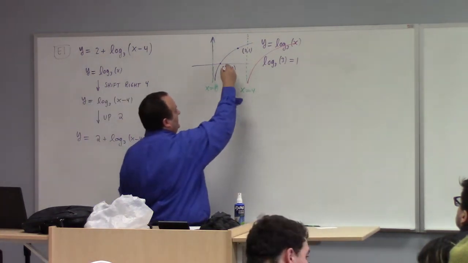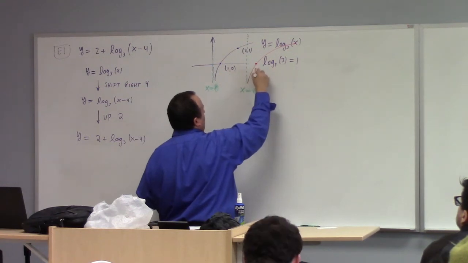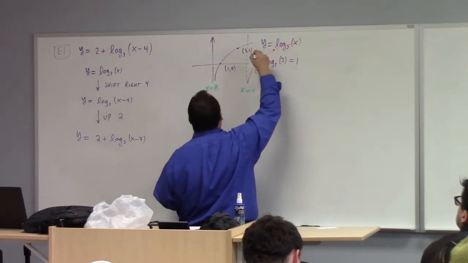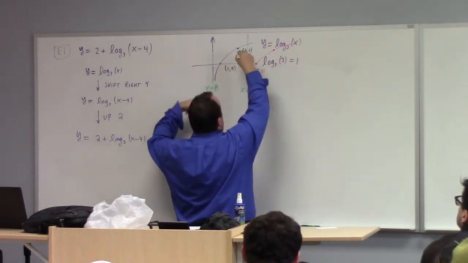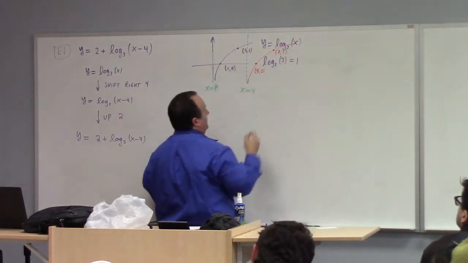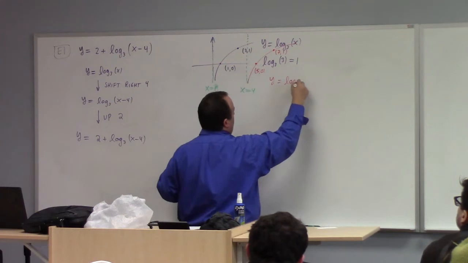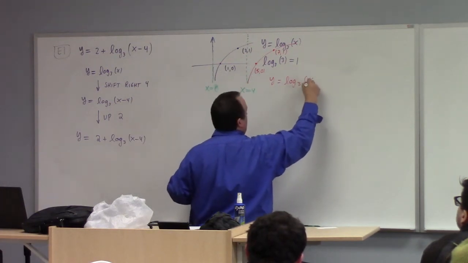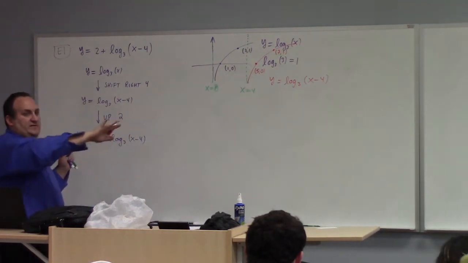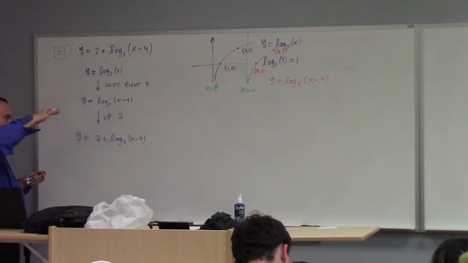My point (1, 0) moves over to the point (5, 0), and this point up here, I'm moving over 4 units, so (7, 1), right? So what I've graphed in red is y equals log base 3 of x minus 4. It's just the logarithm graph shifted 4 units to the right, right? And then I take that and shift that up 2 units.